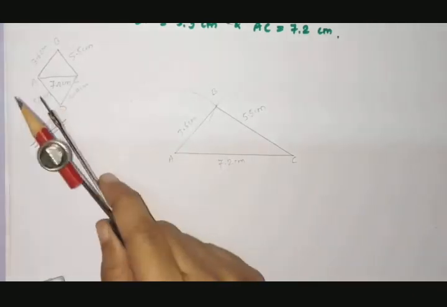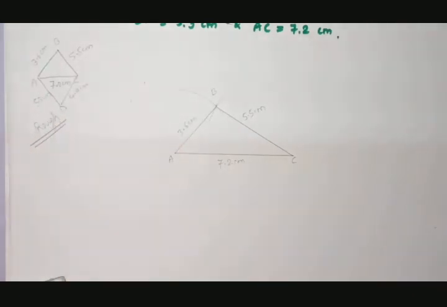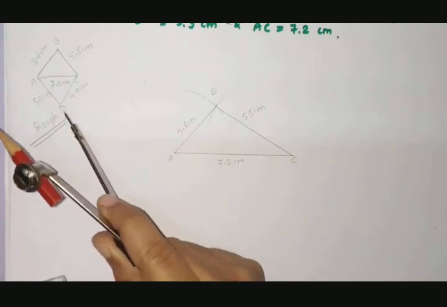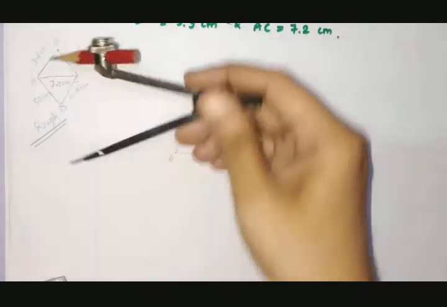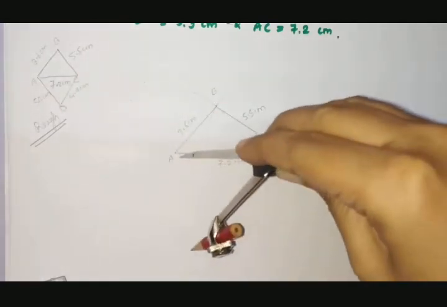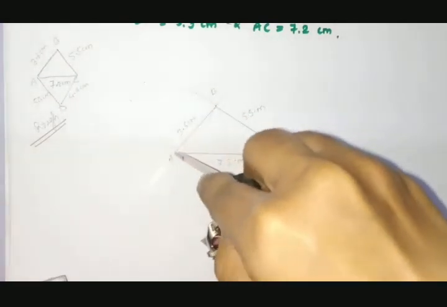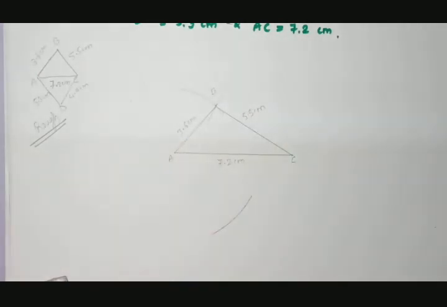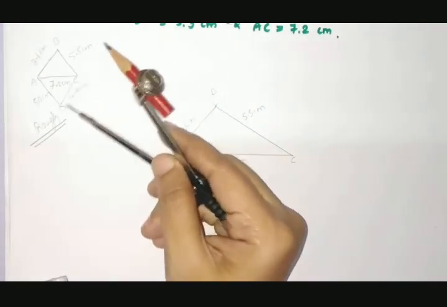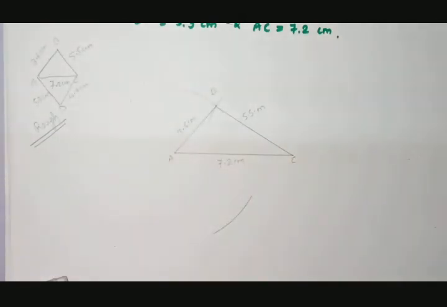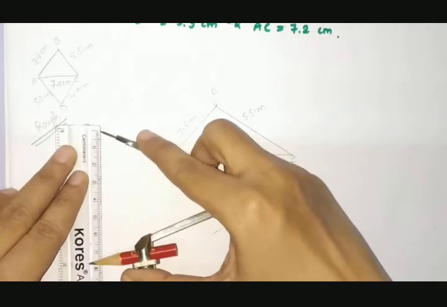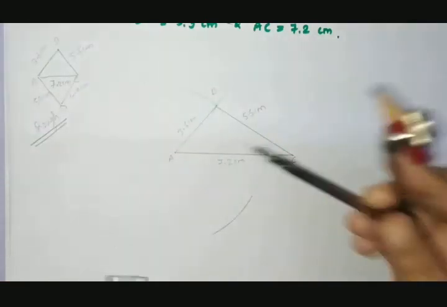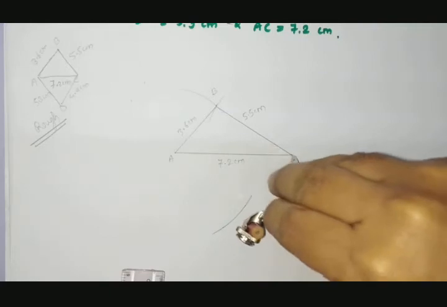So now friends, from A to D we have to measure 5.3. I'll take A as a center and draw one arc on this side of AC. I have taken 5.3, so just keep A as a center and draw the arc here. Now I want to draw DC, that is 4.9. So I will take the 4.9 measurement here, and with C as a center, I'll cut this arc.